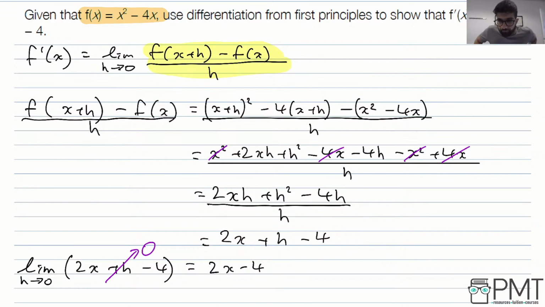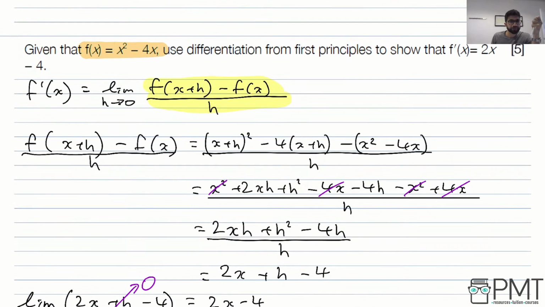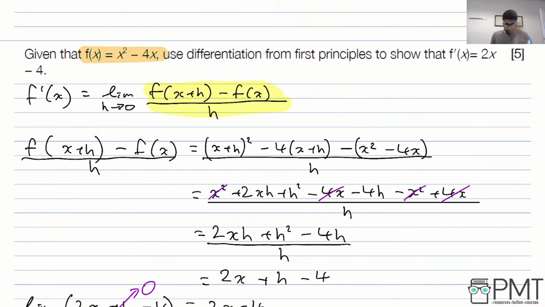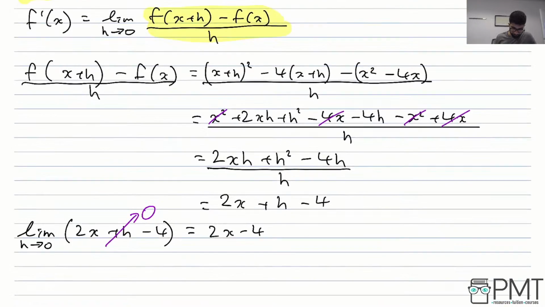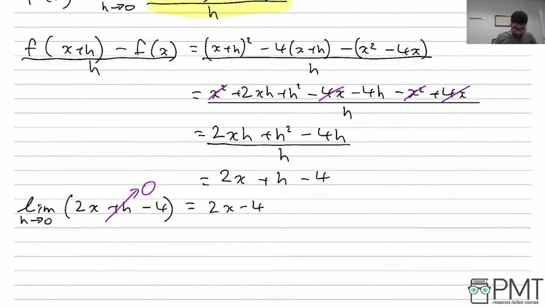And that's what the question wanted us to show. We had f dash of x is 2x minus 4. So we can write, therefore, f dash of x is equal to 2x minus 4.